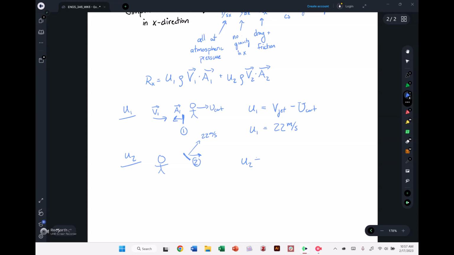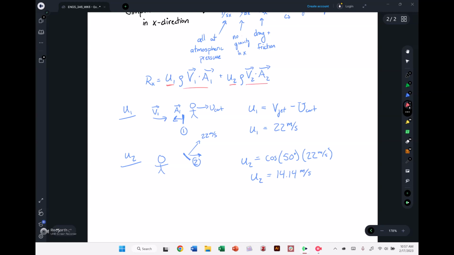So U2 is cosine of our angle, 50 degrees, times 22 meters per second. So the x component of our velocity at 2 is, if you do the math, 14.14 meters per second. So that got us U1, U2.